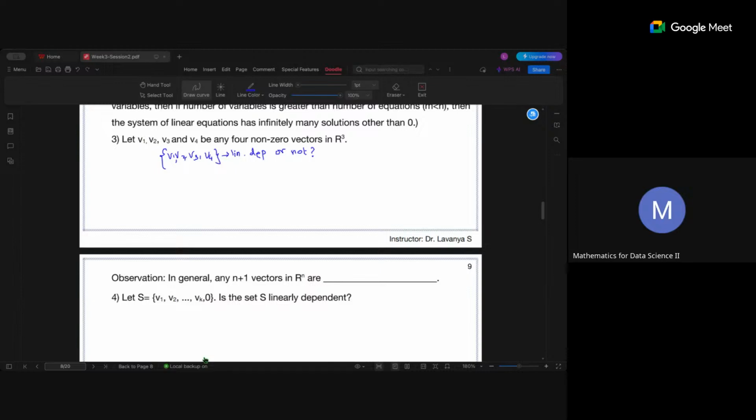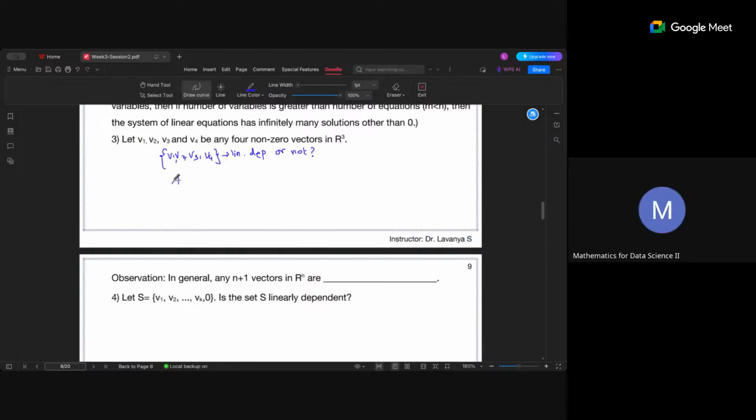So have you completed? In this case, what is the size of the matrix you obtained here? 3 by 4.